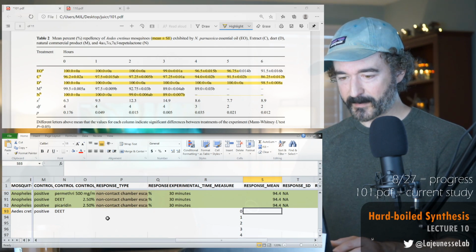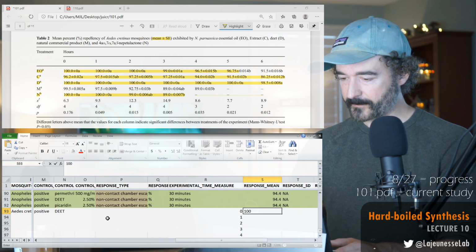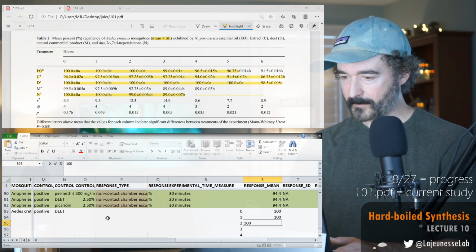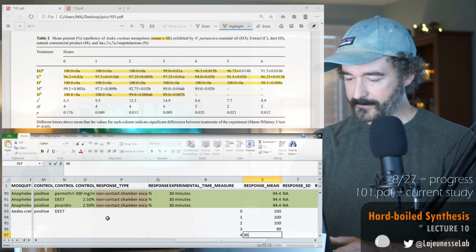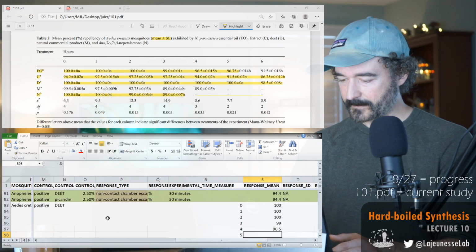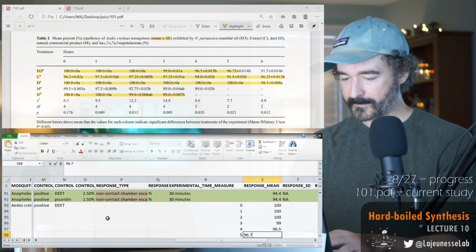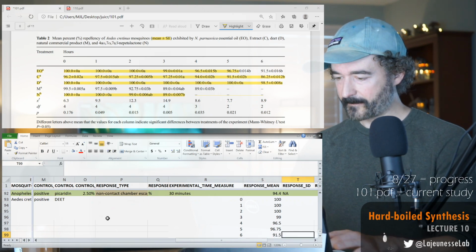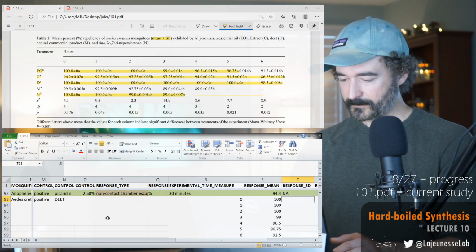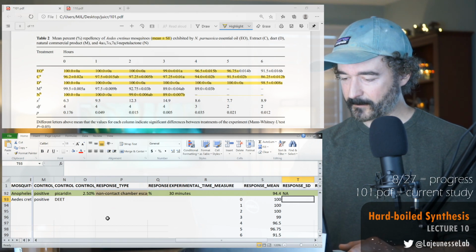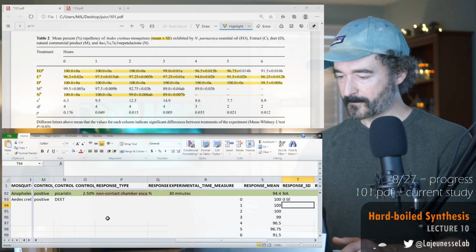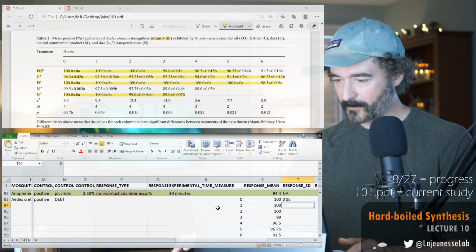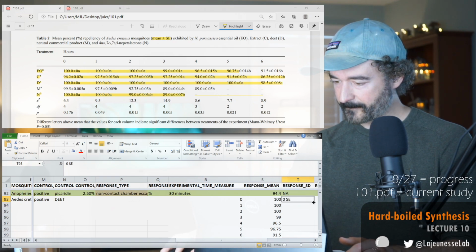And I'm just going to start plugging in the response mean. 100, 100, 100, 99, 96.5, 96.75, 91.5, and then, no variability again. That's no good. You can't compute an effect from this. But I'm just going to record it anyway. 0 SE for up to 3.